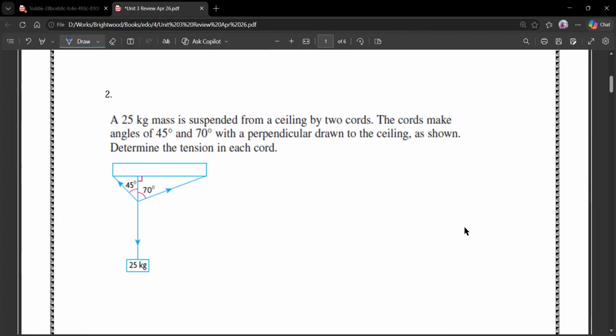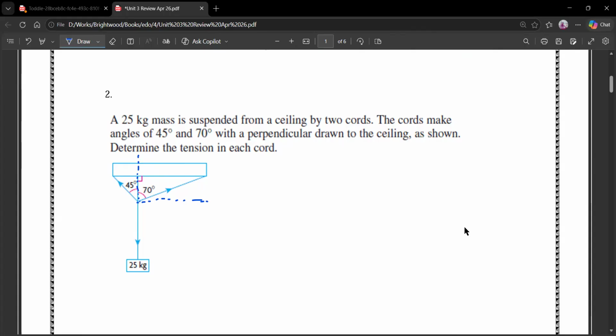It's better to break them into the vertical direction and the horizontal direction.